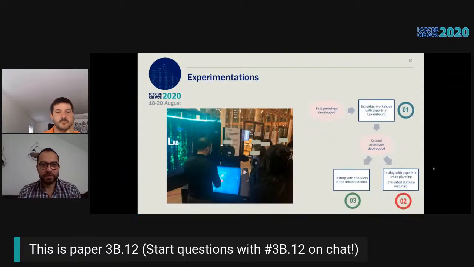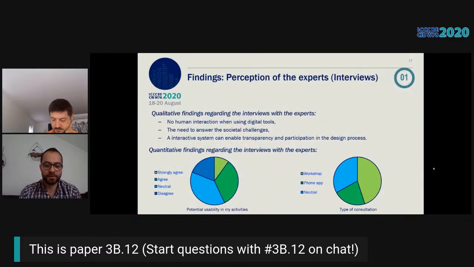And to experiment with this prototype, we conducted three types of experimentation. First of all, we started by interviewing experts in Luxembourg, and then we conducted one virtual workshop and another individual workshop due to the COVID situation where we couldn't have many people together.